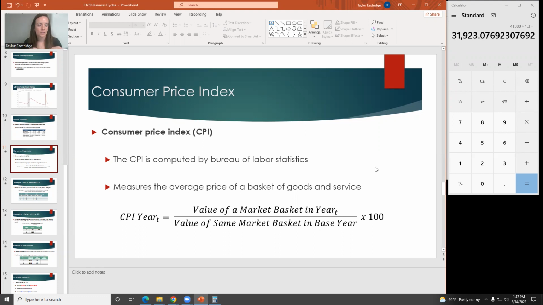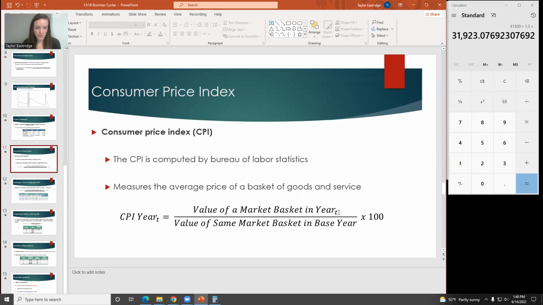The whole purpose of creating this index, this value for the standard value of goods, is so that we can measure how prices are changing within the economy, so that we get an idea of how inflation may or may not be impacting us, so that we can take that knowledge and respond from an economics perspective.